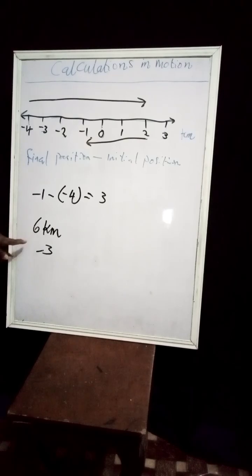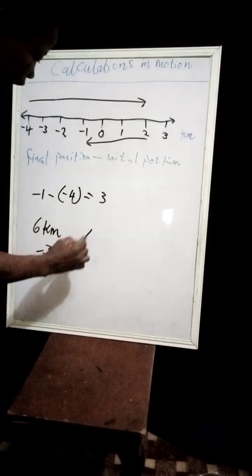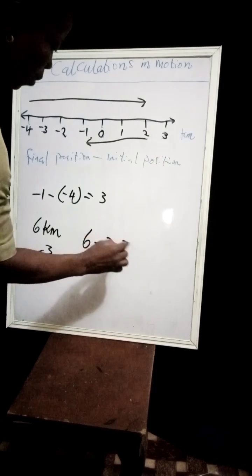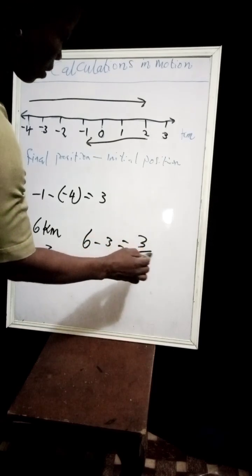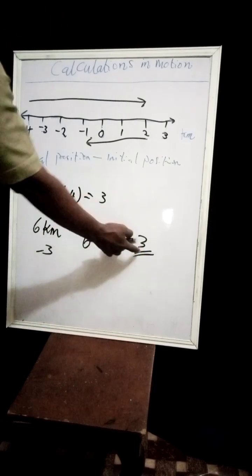So we have 6 minus 3, and that will give us 3. Can you see? That is the same thing. Since he traveled 6 kilometers towards the right and 3 kilometers towards the left, find the difference. That is 6 minus 3, and that gives you 3.